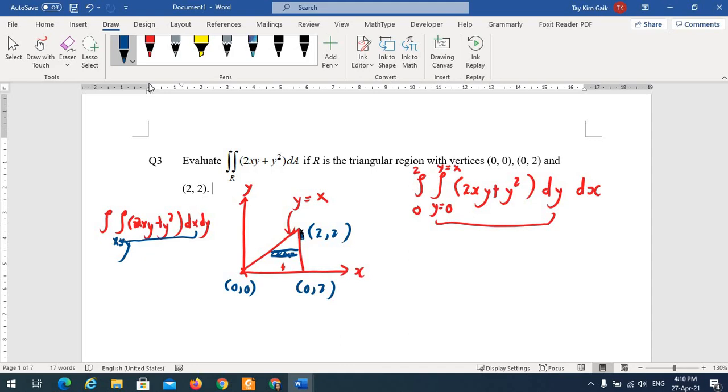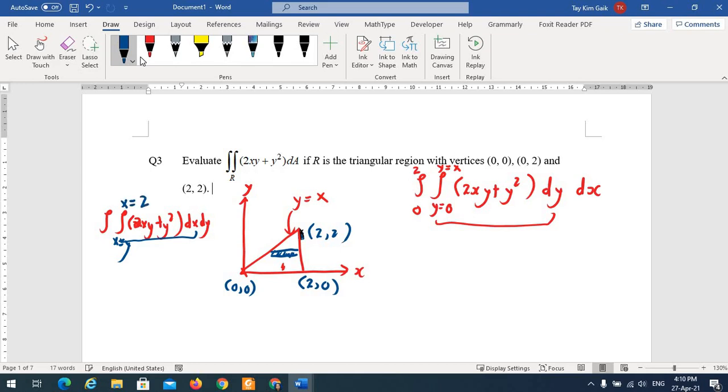Sorry, I labeled this one wrongly. It should be x is 2, y is 0, not 0, 2. So here the vertical line is up to x equal to 2.